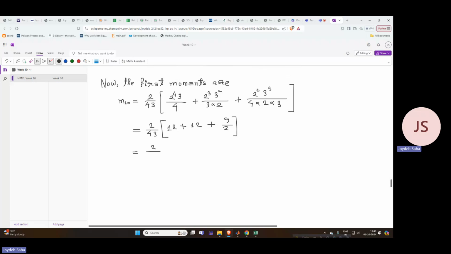Okay, so it is 2 upon 43 cross 2, 24 plus 48 plus 9, right? 57. Basically it will be 57 upon 43.